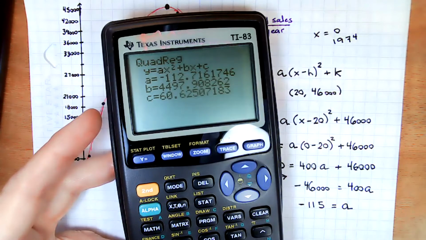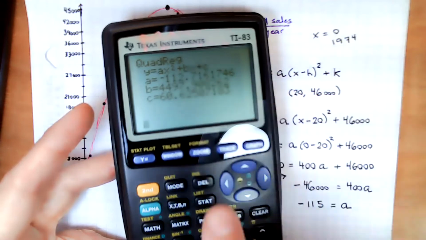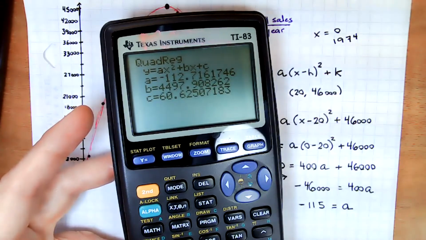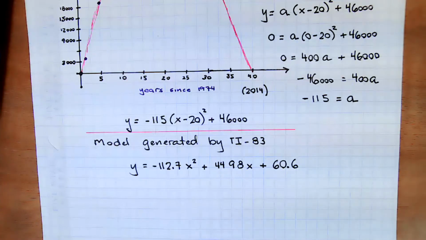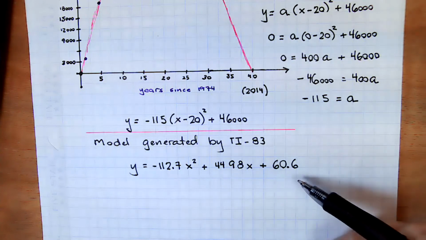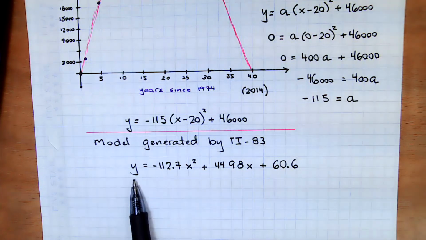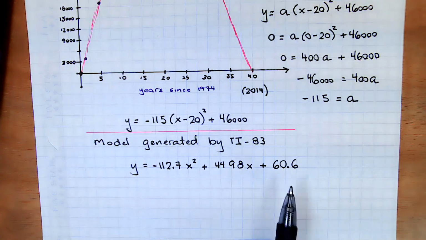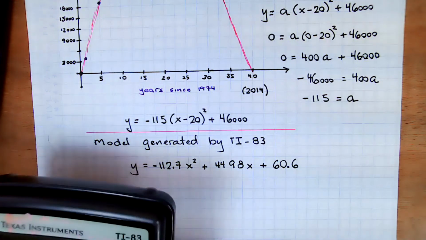All right, so it gives me this model. Now this is the same equation, only it's not in the factored form. Let me write that down for you. Right, so this is the model generated by the calculator. And then you'll want to check it by graphing this model against your stat plot.